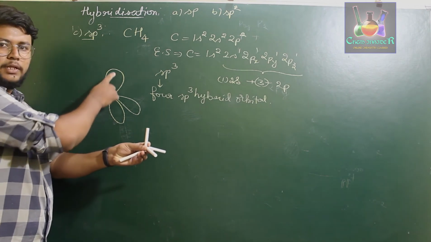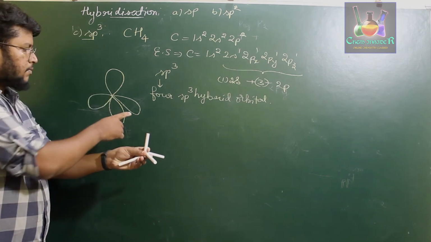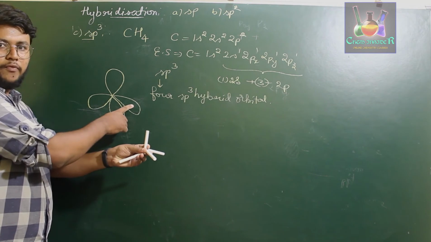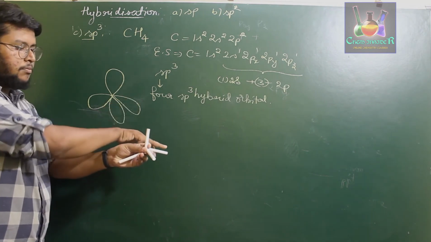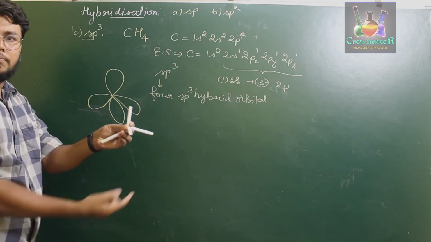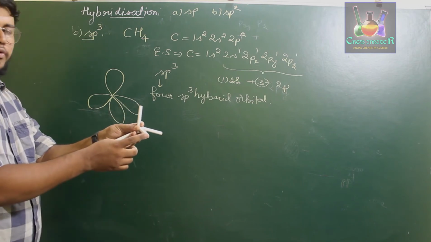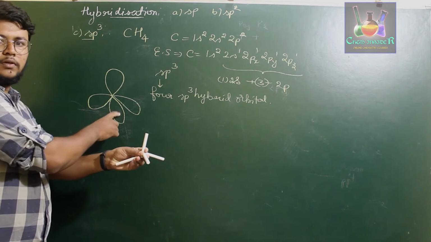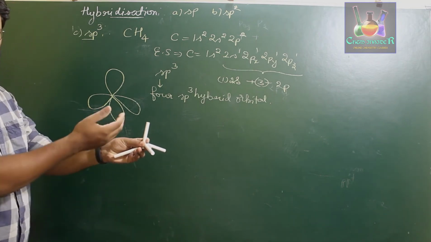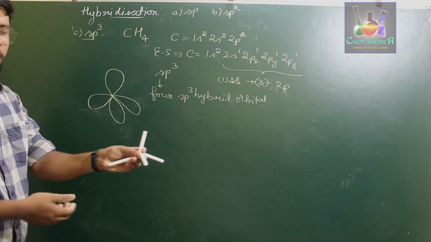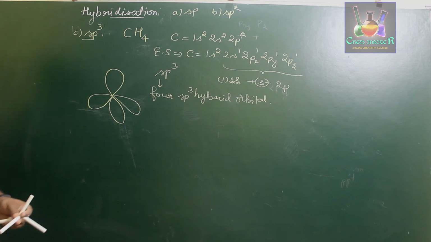The lobe written on the right-hand side will be the lobe behind us, this will be the forward one, and this will be the one present in this direction. So these are the 4 sp3 hybrid orbitals of carbon in sp3 hybridization.